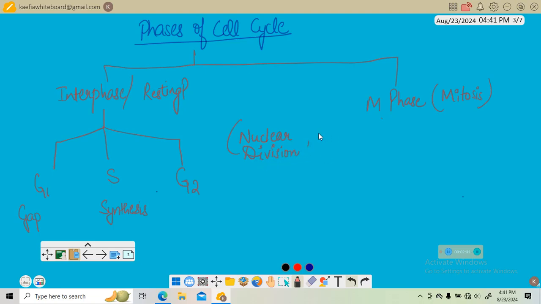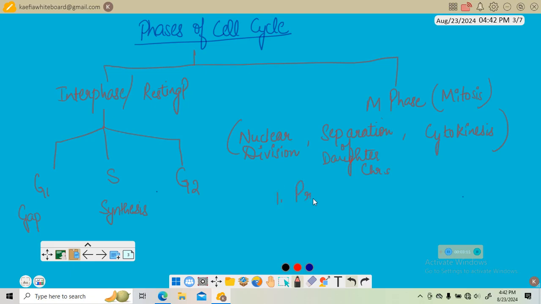Along with that we have separation of daughter chromosomes. Then we have division of the cytoplasm, that is cytokinesis.